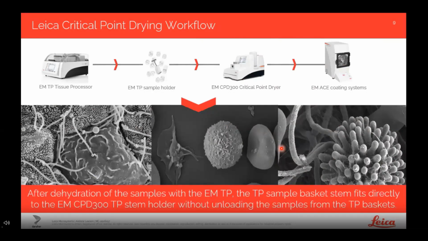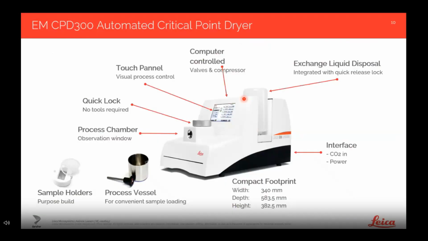Once we have our dehydrated samples, we can load them directly on this TP stem right into the critical point dryer. So that brings us to the CPD 300.